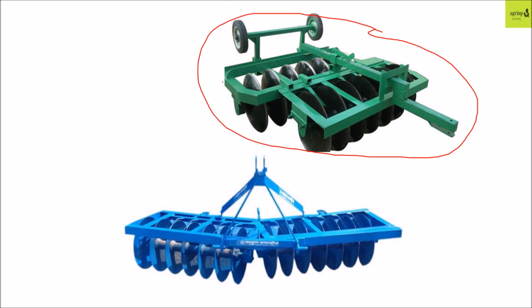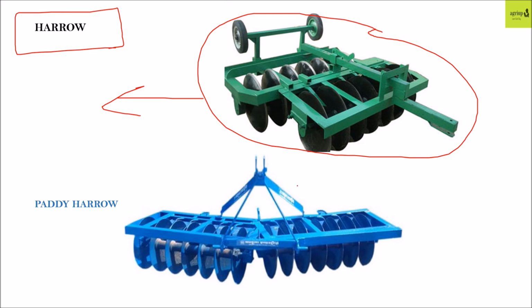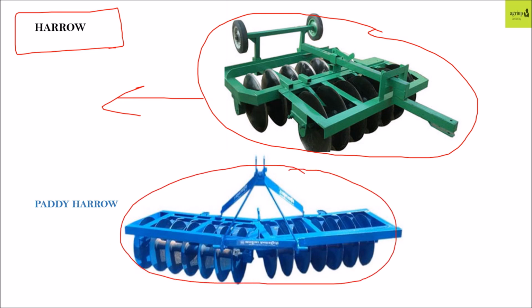Not taking much of the time, I'll just reveal the answer. You can pause the video and write your answers accordingly. This is called the harrow. This is the tool called the harrow. This is an example of a paddy harrow. So what is a harrow? We need to know.